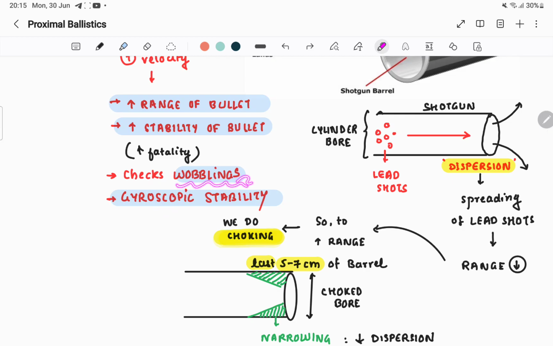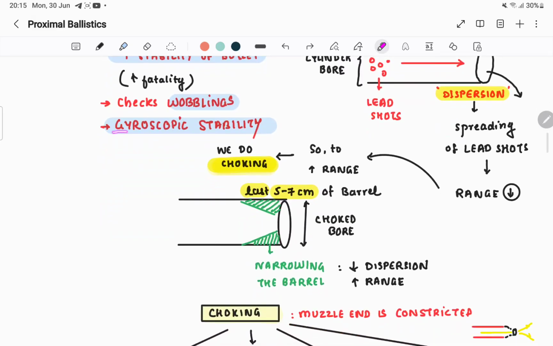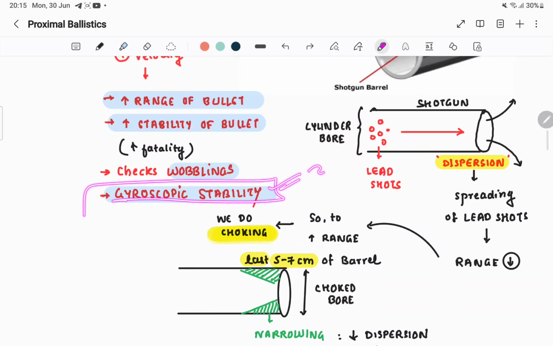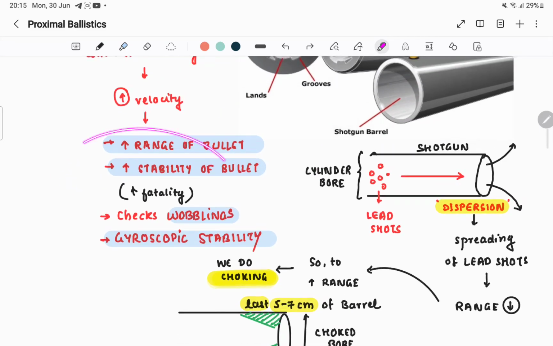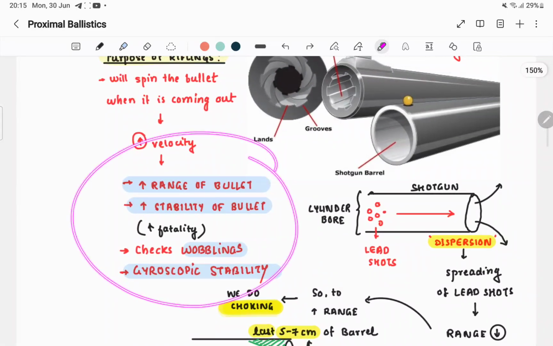It checks wobbling, meaning the bullet is stable and won't tumble here and there. It gives streamlined support. Gyroscopic stability is basically rotational stability. Whenever something rotates, it is more stable. So these are the advantages of riflings.